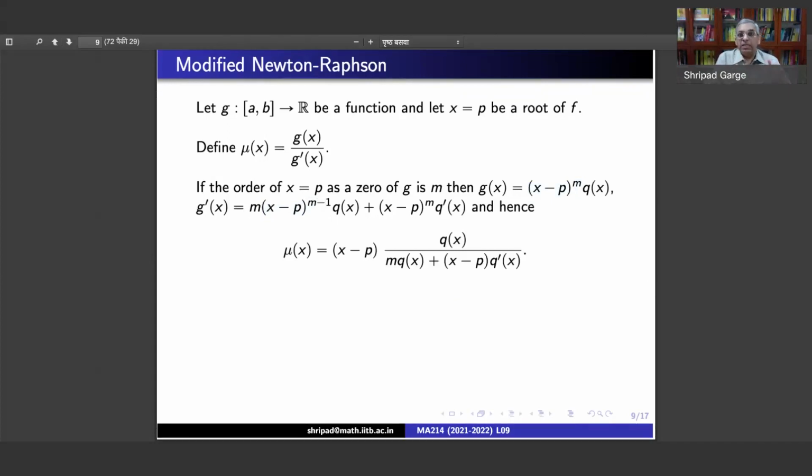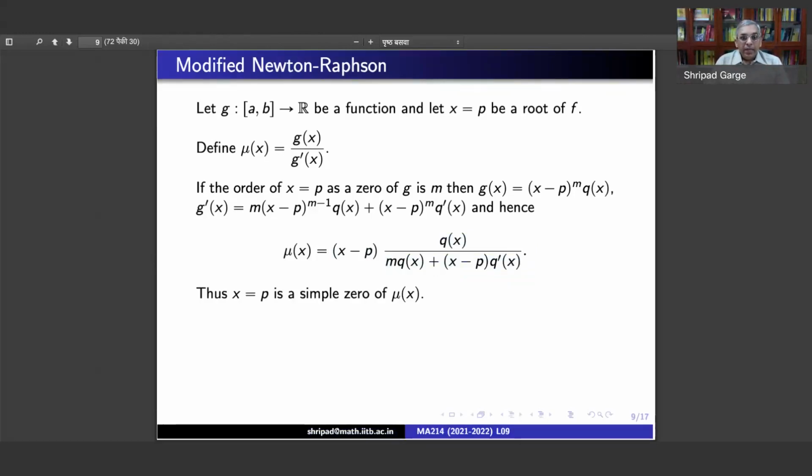So you can take (x - p)^(m-1) common from the denominator, and there is (x - p)^m in the numerator, and cancelling those two out, we get mu(x) equal to (x - p) into another function whose numerator is q(x), and therefore this other function is not 0 now at p. So we have converted our earlier function g into another function for which x equal to p is a simple 0.